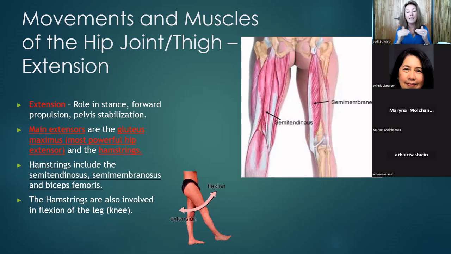So your semis are in the back, and semis are your hamstrings. Yes, semitendinosus, semimembranosus, and then you've got a biceps femoris. So we think of the bicep right here, but what's the giveaway with biceps femoris?